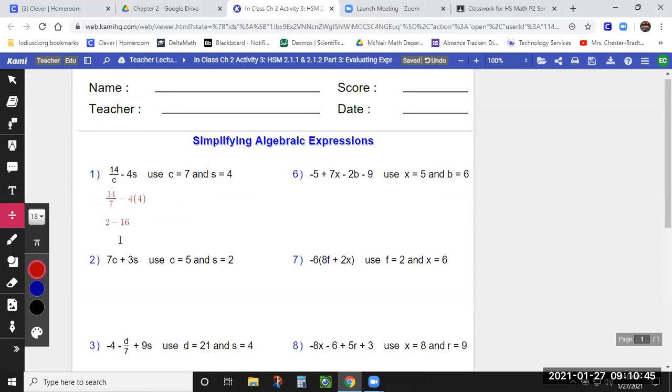Okay. Then we have to figure out what that means. A 2 minus a 16 is how much? So if I start at 2 and I count back 16 spaces on the number line, where would it end up?